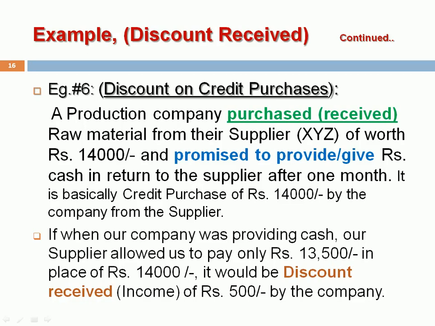Now, when our company was providing cash, our supplier allowed us to pay only rupees 13,500 in place of the whole amount, which was rupees 14,000. So now we are receiving a discount of rupees 500 and it is income of the company.